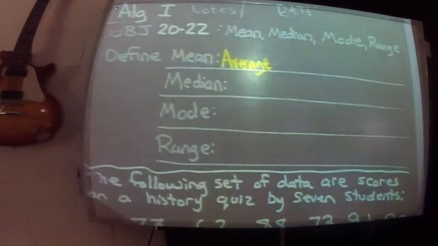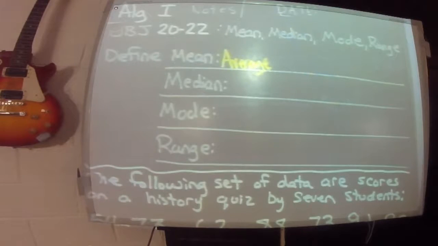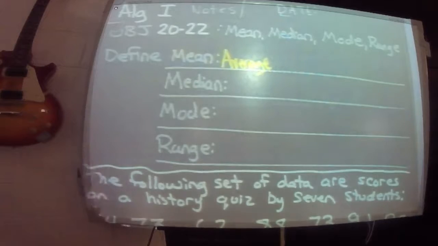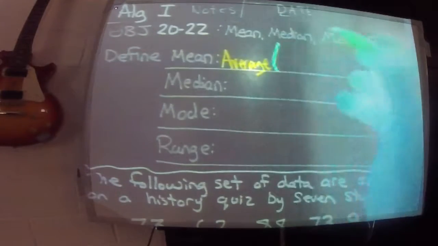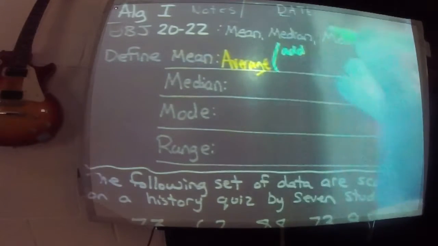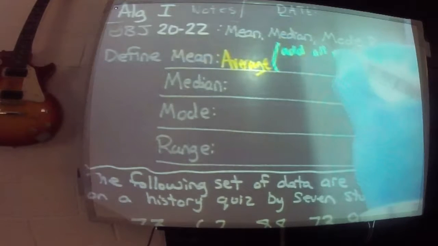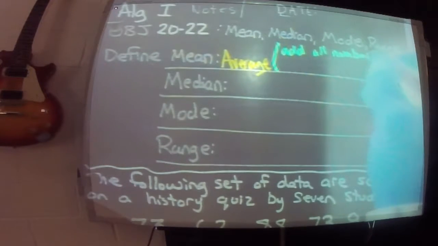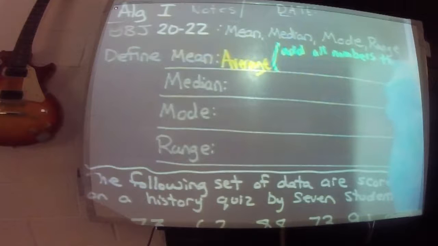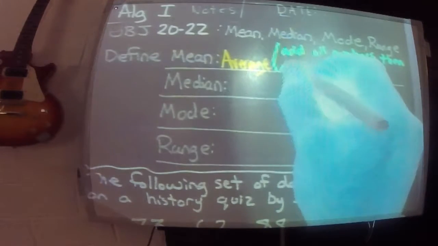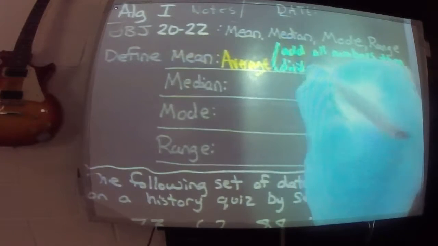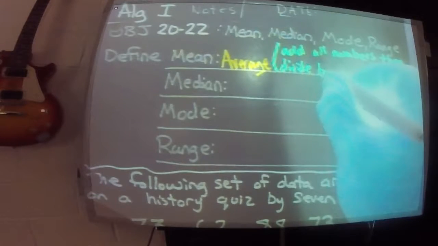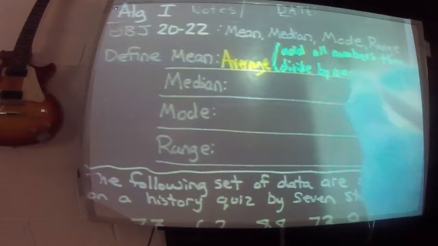But then I also want to put, how do you get the average of something? Add them all up and divide by two. So we will add all numbers, then divide by the amount of numbers.